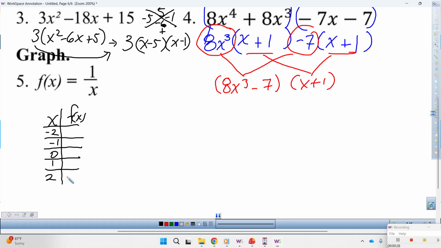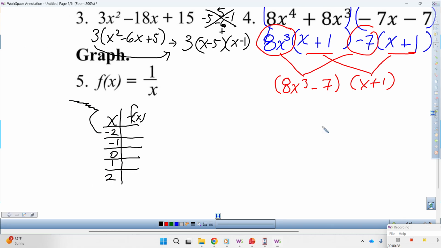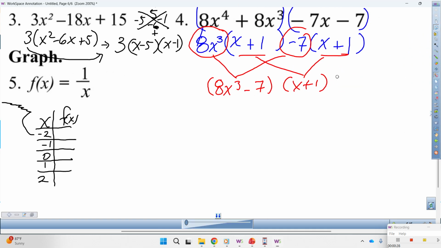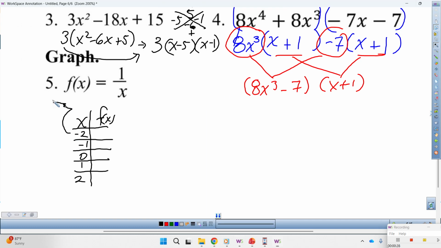So to go a lot faster, look up. If I substitute -2, whoa, what was that? Sorry. Let me erase that. All right, let me try it again. To go a lot faster, I'm going to substitute -2. Oh my goodness.